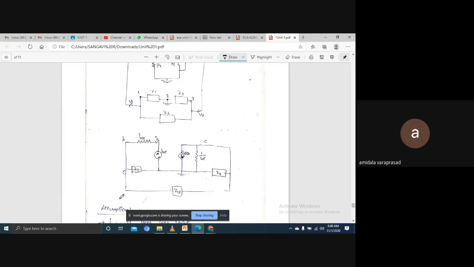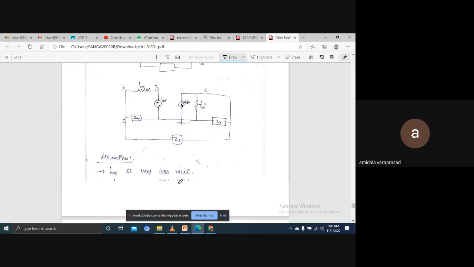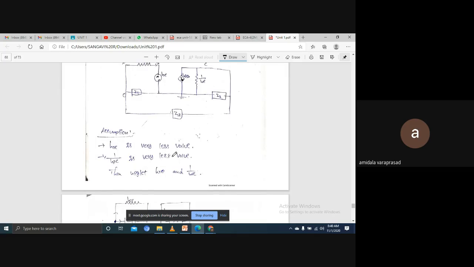Here Z1, Z2, and Z3, we have some assumptions. HRE is the reverse voltage gain, which is very, very small, so we can neglect HRE, and also 1 by H naught, the output admittance. These two you can neglect from the circuit.